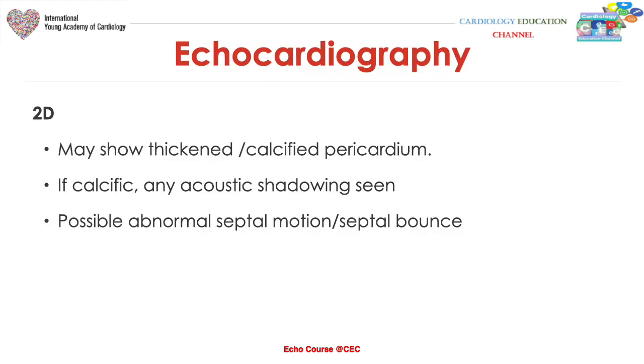The role of echocardiography and the use of multiple echo modalities is crucial for the diagnosis of constrictive pericarditis. Using 2D may show thickened and calcified pericardium, and if calcific, acoustic shadowing is seen, and there's possible abnormal septal motion and septal bounce, which is usually diagnosed by 2D or by M mode.